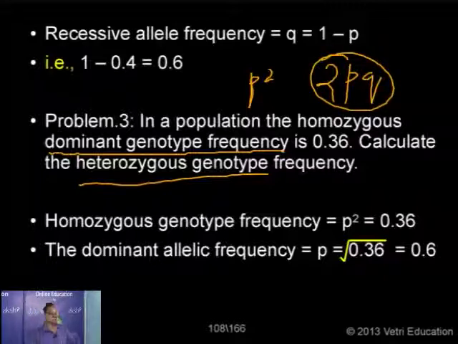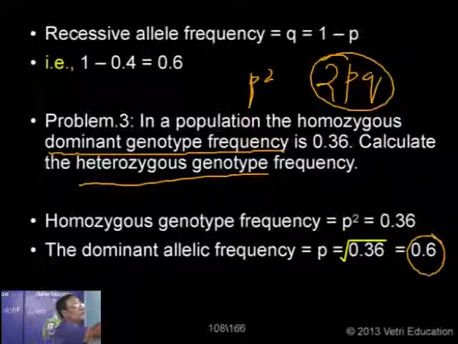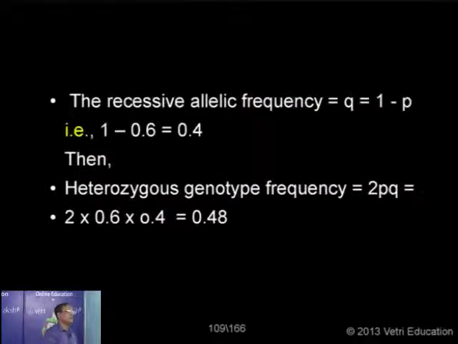Now, homozygous genotype frequency, here it is given 0.36. From this one, we can calculate the dominant gene frequency, that is p, which is equal to root of 0.36, we get 0.6. Now we calculated p, and from this value we can calculate q. So 1 minus p, we will get the value 0.4. This is q.